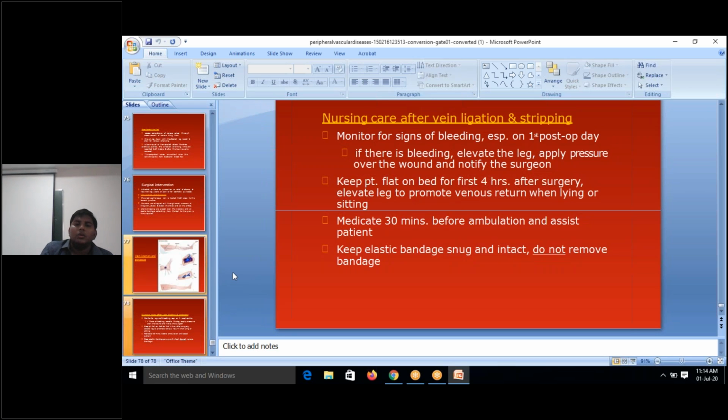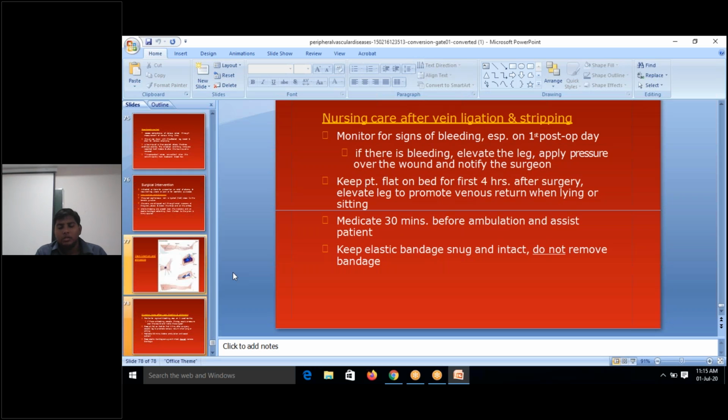Other newer modalities of treatment of varicose veins include, in the case of spider veins and small veins, sclerotherapy, which is the commonly used method, and the newer technique is the Tessari method. You use a small pediatric cannula or a catheter, and you cannulate the vein.